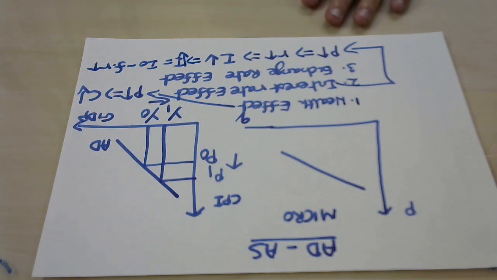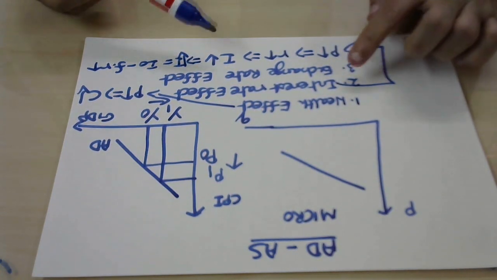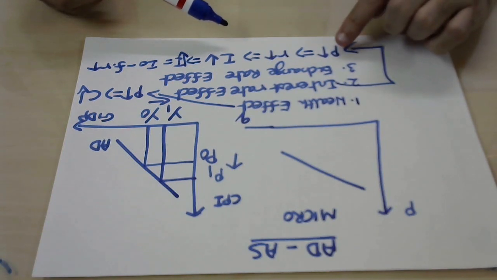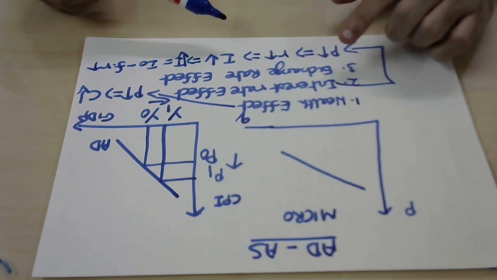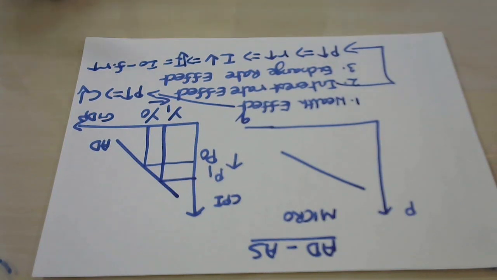So when R goes up, I falls. Okay. And coming to the exchange rate effect, we just mentioned that from the interest rate effect, when price level is going up, interest rates are also increasing. So interest rate across the spectrum goes up, and the interest rate on bonds is also increasing.